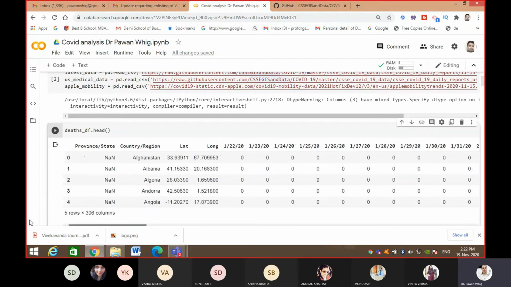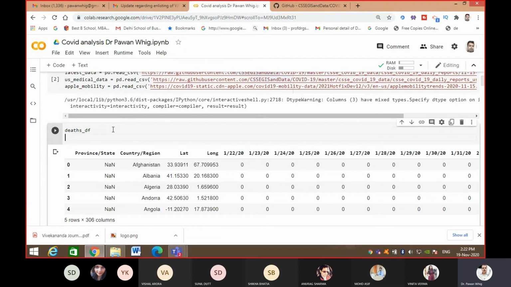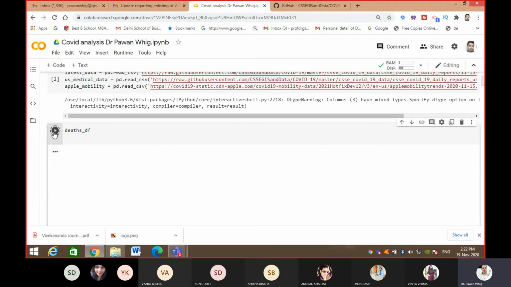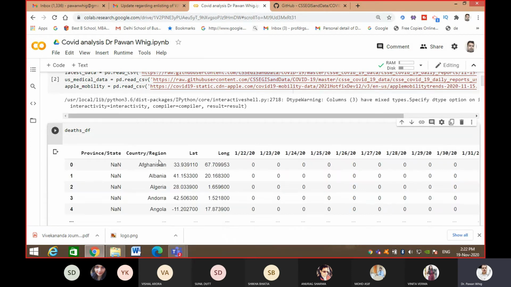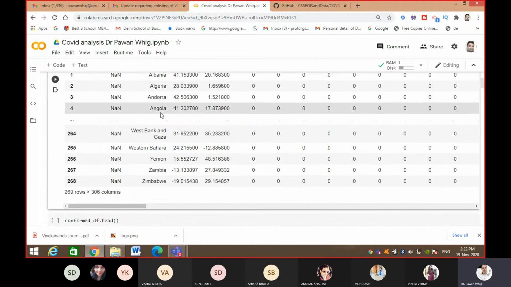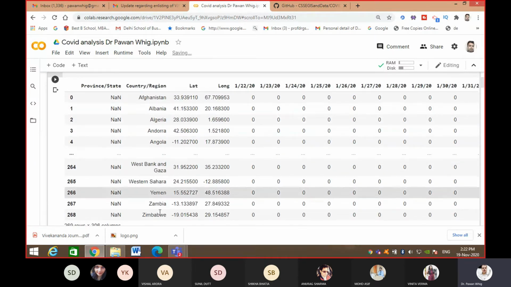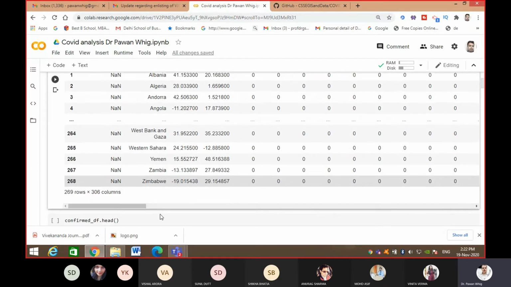Similarly, if you want to look for another country, you may have this. You can just remove this head if you want to see the whole dataset. You just remove it, and it will show you the dataset of all the countries ranging from A to Z. I hope you all understand this. There are a total of 269 rows.